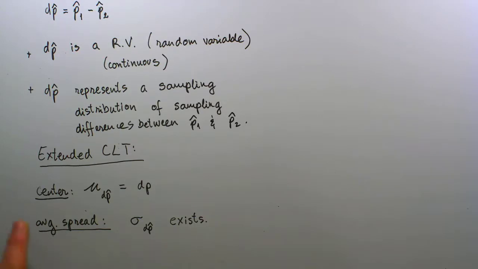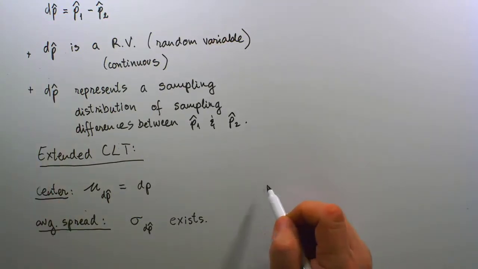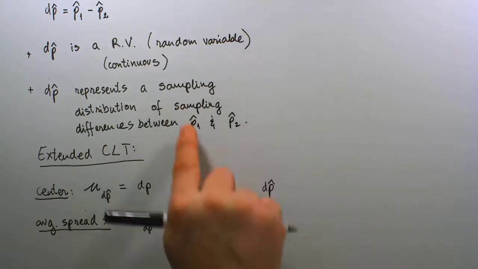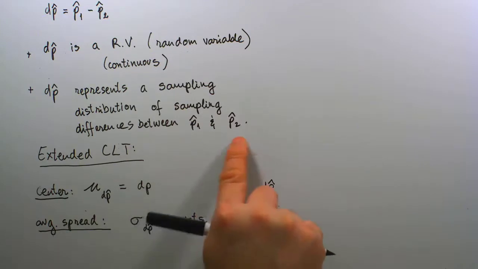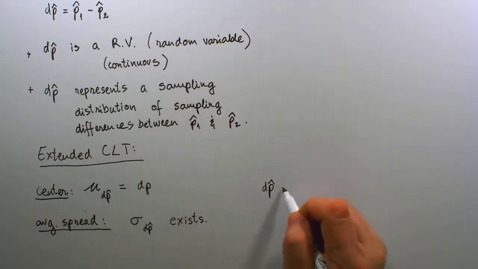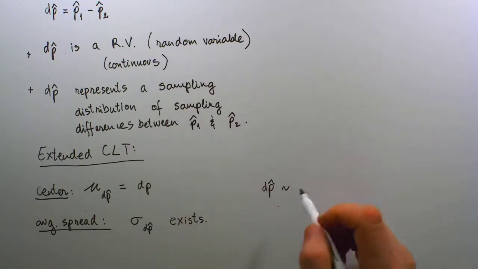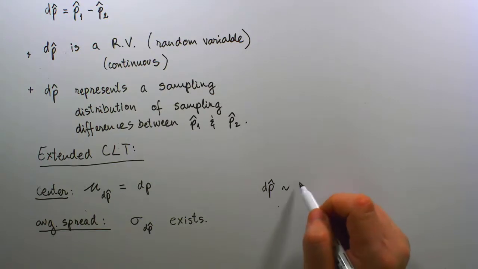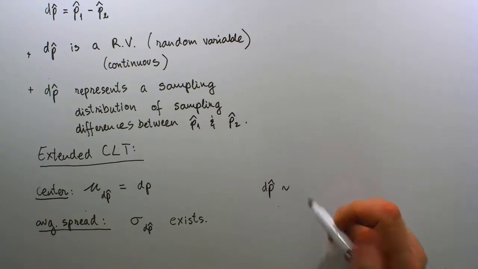But as another result, after we discussed center and average spread on this sampling distribution, at our learning level, without much worry about formal requirements, dp hat, this sampling distribution of all sampling differences between p hat 1 and p hat 2, is usually on a bell curve, without, as I said, much worry about formal requirements verification.